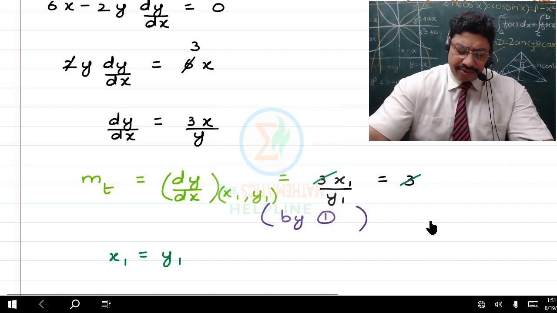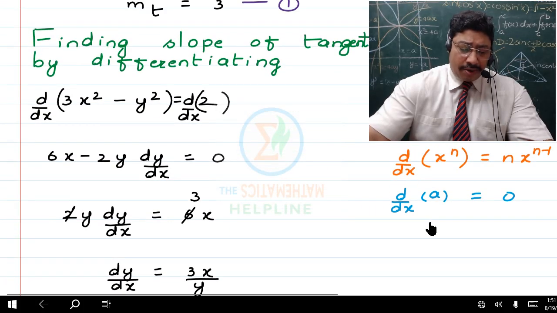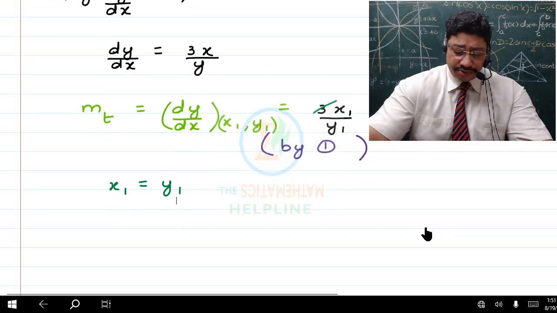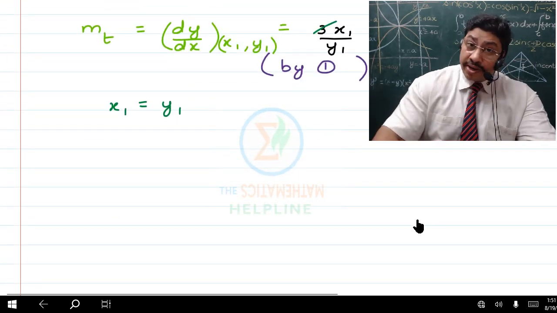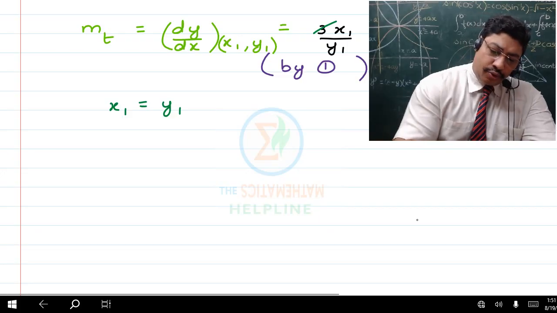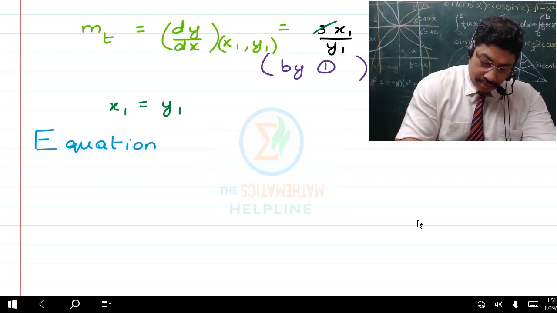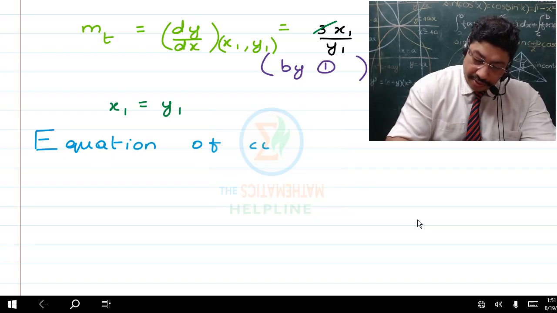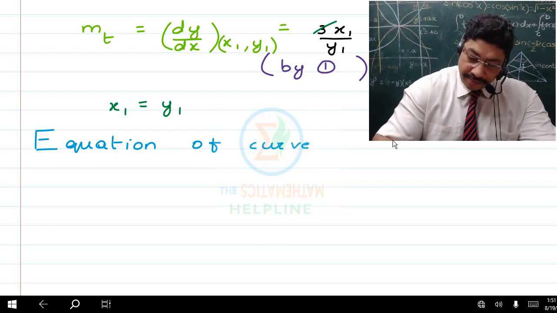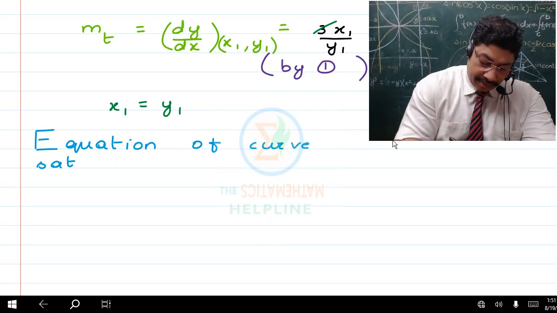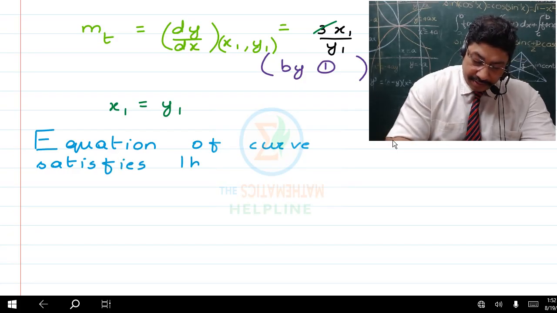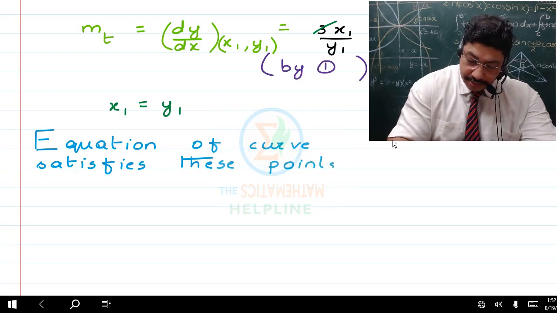So here now next children, what we do is we will again talk about the equation of the curve, that is 3x square minus y square is equal to 2, and we'll find out the coordinates at which this is happening. Now you will say here equation of curve satisfies these points, right?